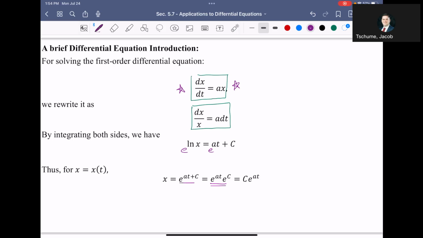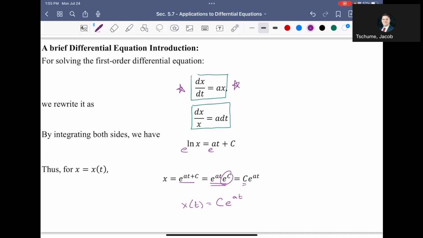And since e raised to some constant is just going to be another constant, we can rewrite e to the c as just its own constant, capital C. And so putting this all together, we would say that x of t equals an arbitrary constant times e raised to the a times t.